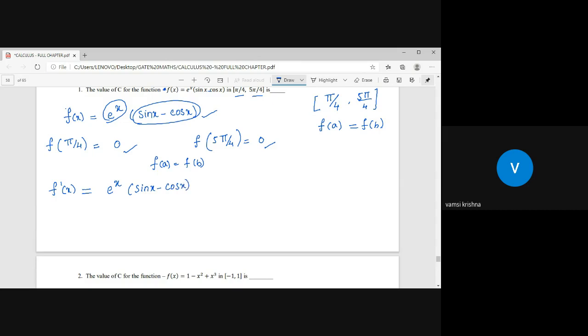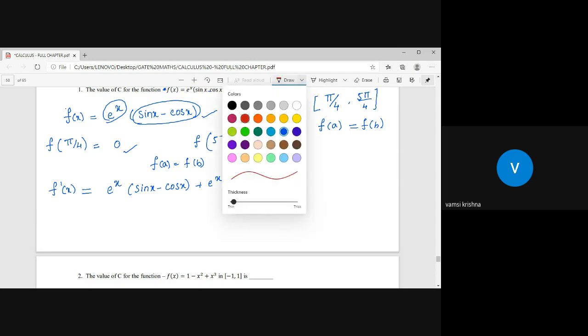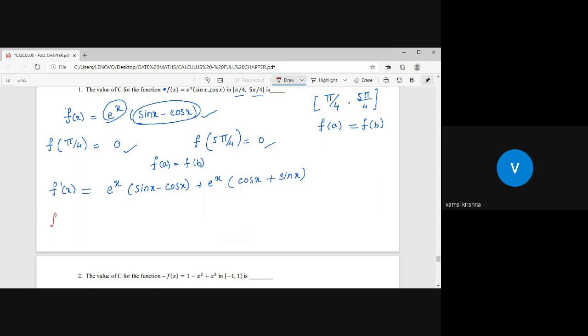And second time, let us make e power x as constant and let us differentiate sin x minus cos x. Sin x differentiation is cos x and cos x differentiation is minus sin x and it will become plus sin x. Already there is a minus, minus into minus becomes plus. So what do you say? Now f dash of x is equal to, sir, when you multiply this, your cos x term is going to be cancelled, I think.